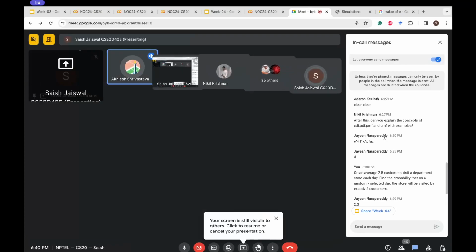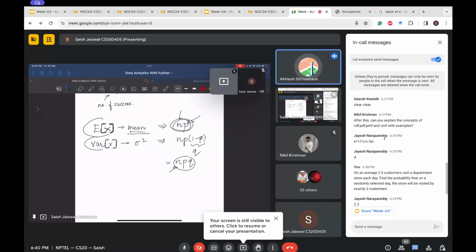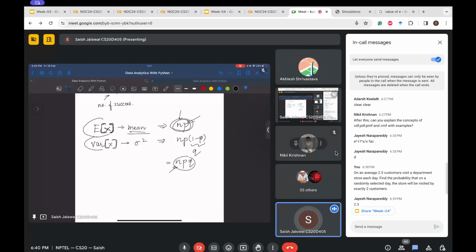Just one doubt I have. In predicting this 2 persons visiting there, some other factors will also be affecting the visiting, say rainy day or some sunny day or cold day. Yes, sir. So it's computed over a large number of days, and on an average, irrespective of the other conditions, there are 2.5 customers visiting every day.